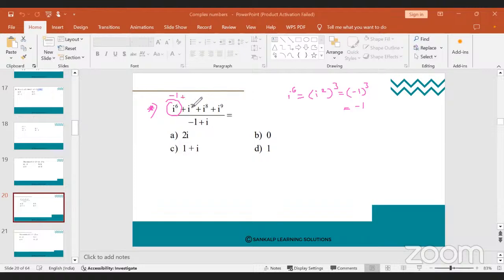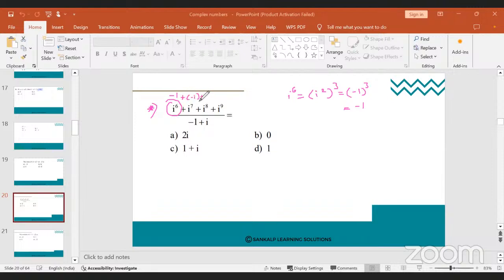Plus i raised to 7 is what? Minus 1 into i, because i raised to 6 is minus 1. So it becomes minus i.